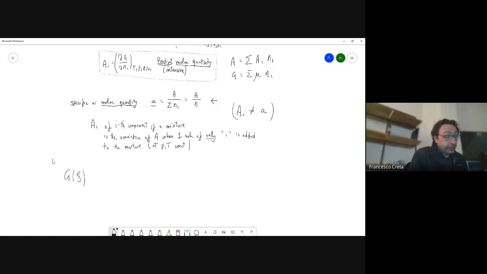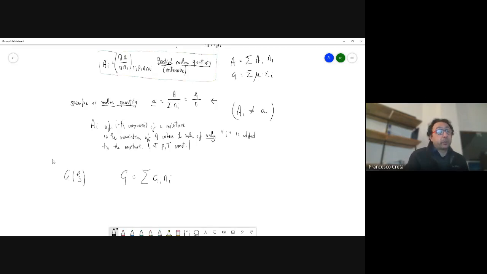To do this, we saw that essentially we needed to express the partial molar Gibbs energy, because we can write this exploiting the fact that G is extensive. So this is Euler's theorem.